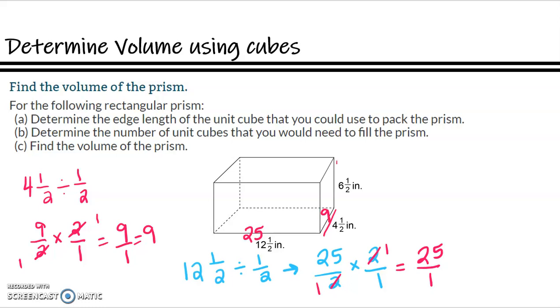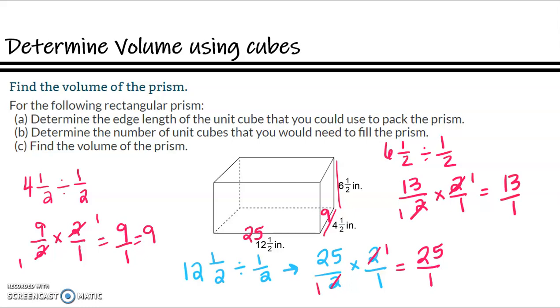And then now I'm going to find my height, 6.5 divided by 1/2. That changes to 13/2 times 2/1. My 2's cancel, and my answer is 13/1. So I know that 13 cubes can go up high.